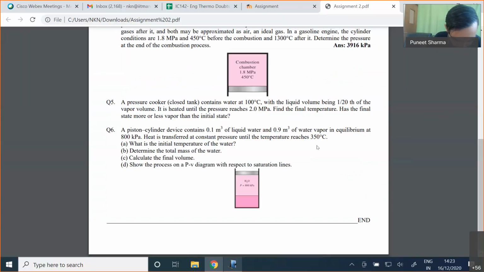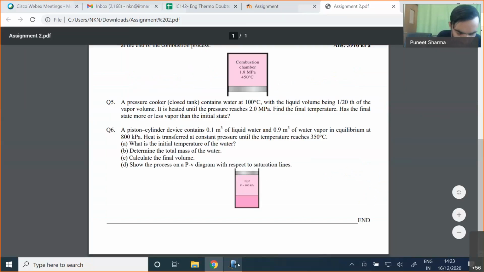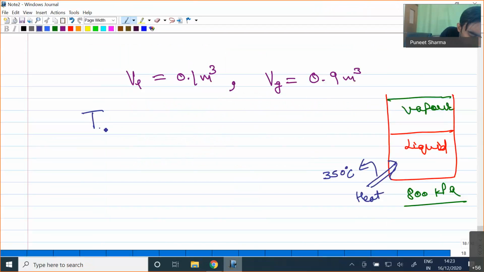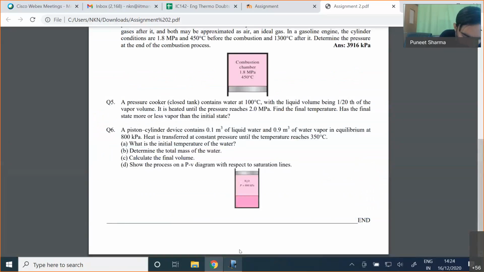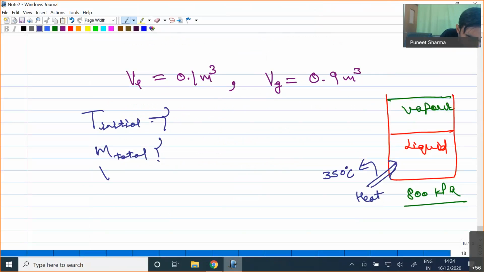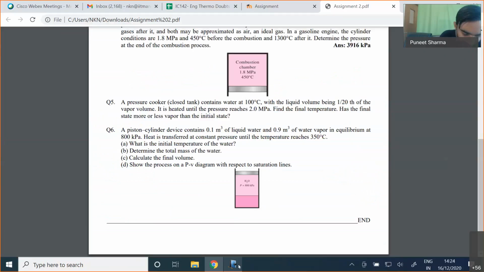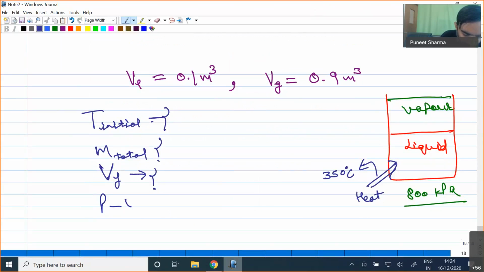We have to determine the initial temperature of water, that is the first question. The second question is the total mass, m total, of water. The third part is the final volume. So we have to determine the total final volume, and show the process on a PV diagram.